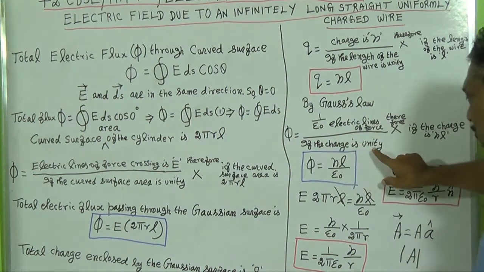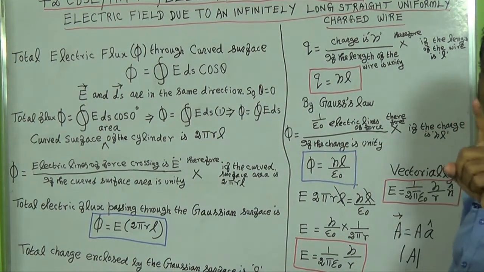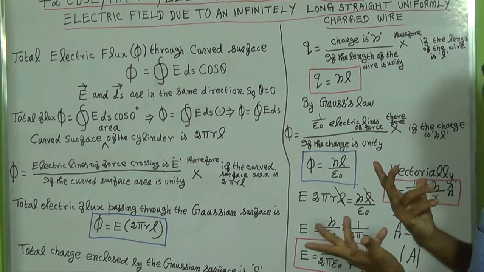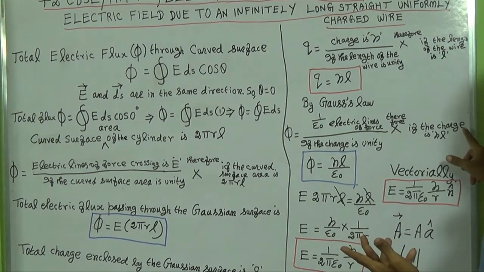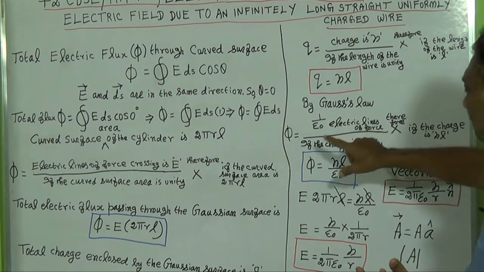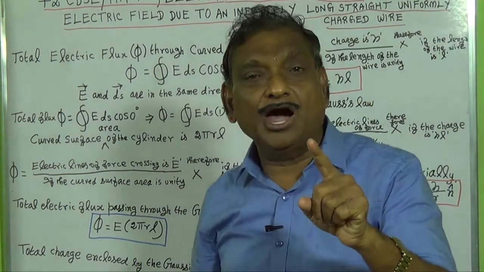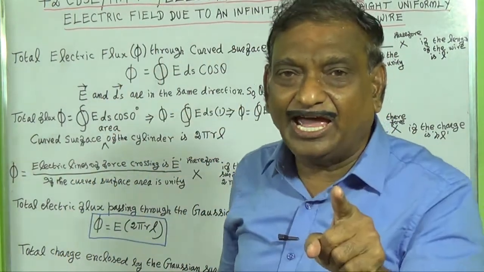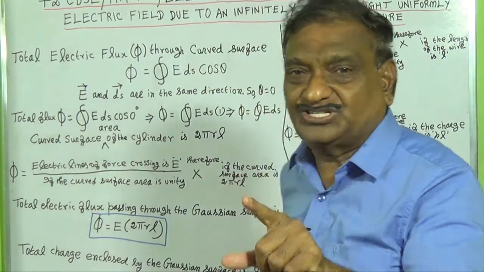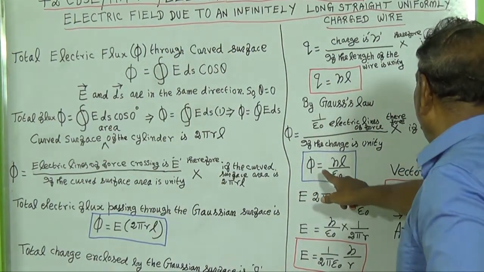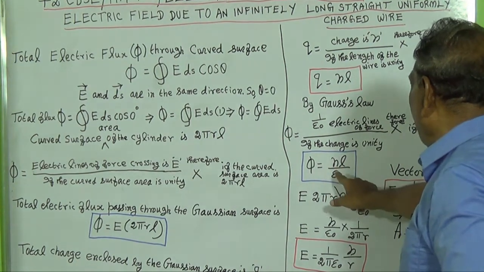If the charge is unity, the electric lines of force is 1 by epsilon naught. Here the charge is not unity, the charge is calculated as lambda L. So if we multiply 1 by epsilon naught by lambda L, we will get the total electric flux in terms of charge, that is flux equal to lambda L by epsilon naught.